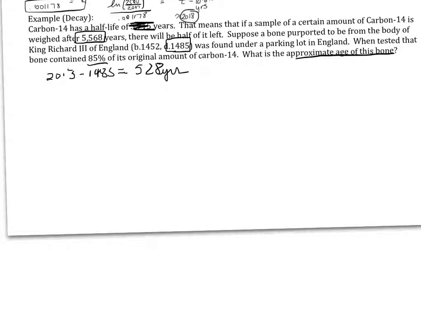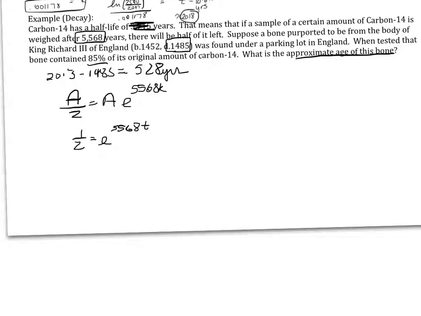Okay? Now, using our formula, we know that the ending amount will be half the beginning amount. Okay? And this is going to be e to the 5,568k. So if we divide by A, we get 1/2 is equal to e to the 5,568k.